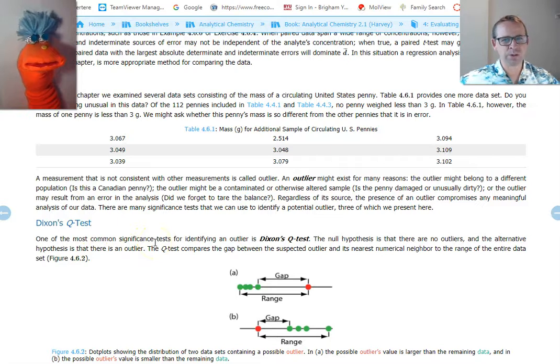Let's talk about when you know you can get rid of outliers, okay? The only way you can determine that, yes, it is okay to get rid of outliers is if, before the results come out, you consciously, in your mind, recognize there's a problem with this run or this set of experiments.